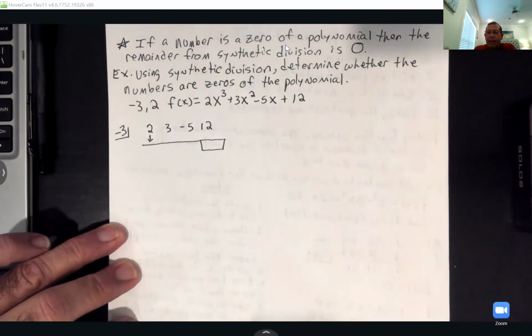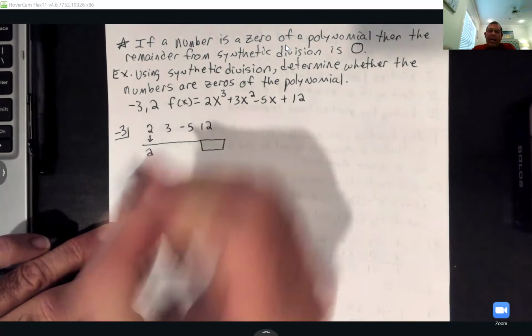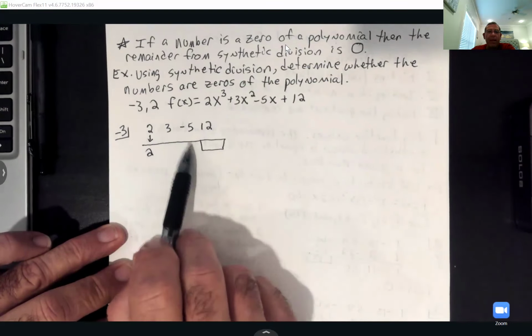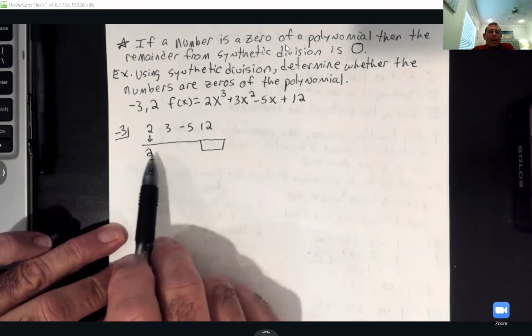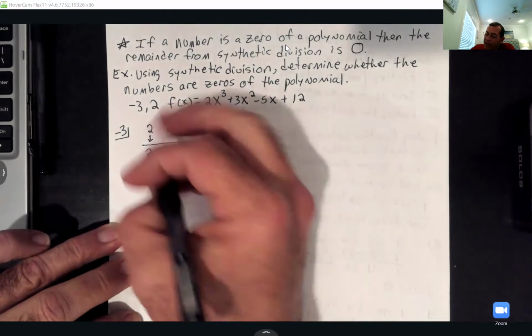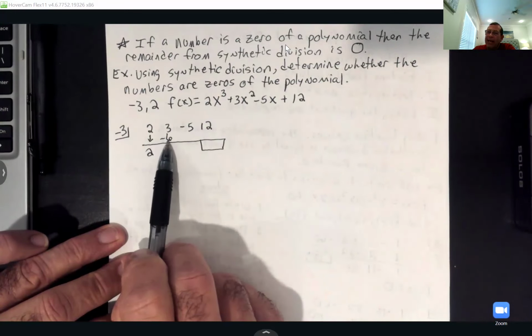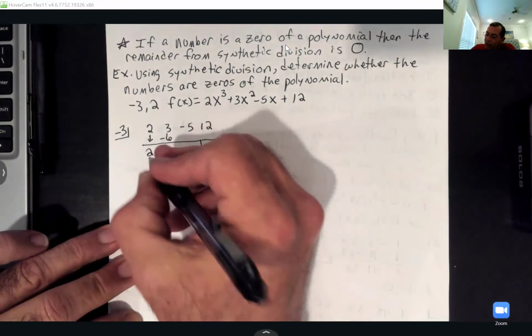So y'all, here we go. The same thing. Bring the 2 down below the line. And then we're going to multiply, add, keep multiplying and adding until we're done. So 2 times -3 is -6. 3 and a -6 give us a -3.